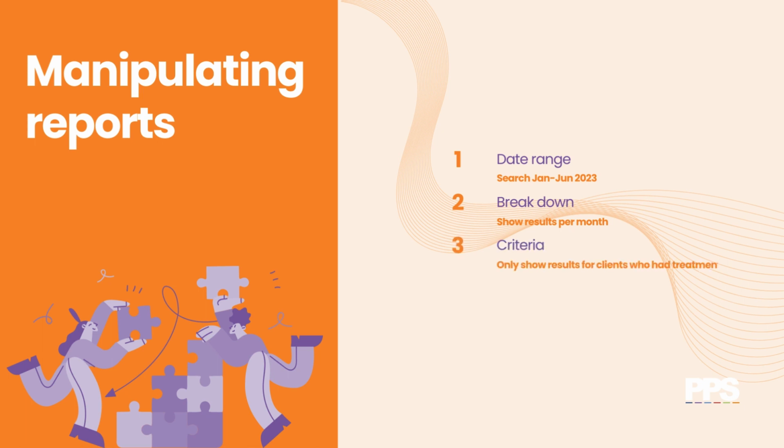So next we've got criteria, and this one is a great option for when we are looking at some very specific data. So if I was looking at my patient retention rate as an example of a new service that we've added in the last 12 months, I can go to the criteria section of my report and make sure that I am only looking at the data that relates to patients who have had that particular treatment or service.